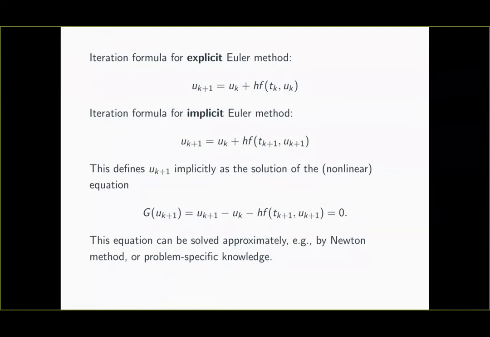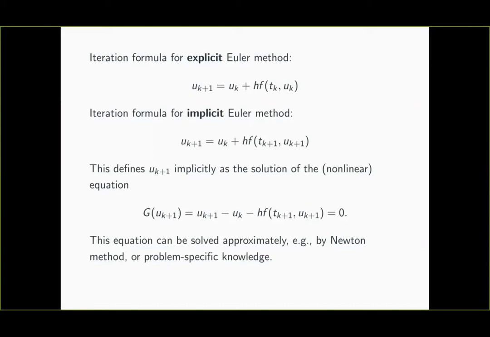The iterations of the implicit Euler method are generally more complicated. Given the variable u_k, which approximates u at time t_k, we set up this equation, which implicitly defines u_{k+1}, and then we need to run a sub-algorithm in order to find u_{k+1}, at least approximately.